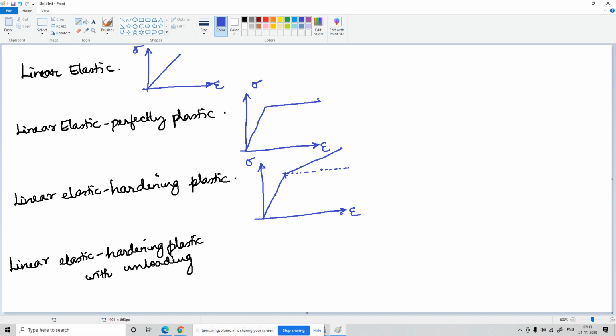But in case of elastic hardening plastic with unloading, it will cause a looping formation, right?